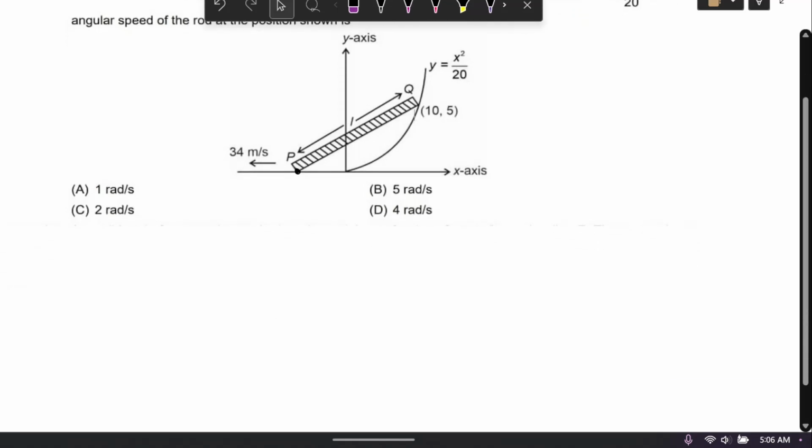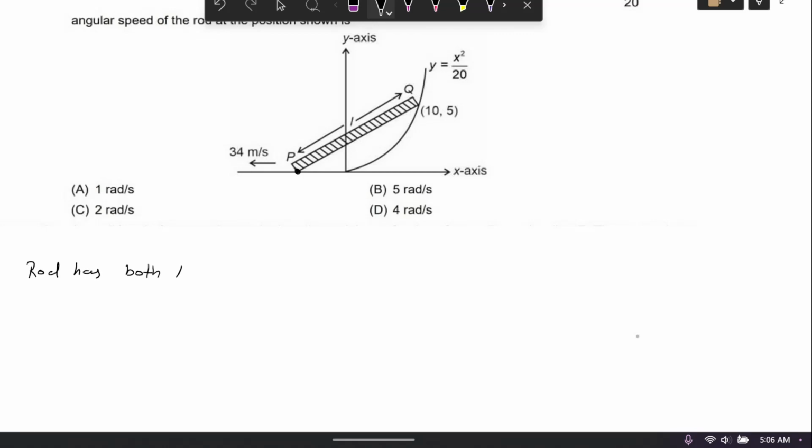So now, as we can see, at this instant, the rod has both rotational and translational motion. But we need to find the angular velocity only.